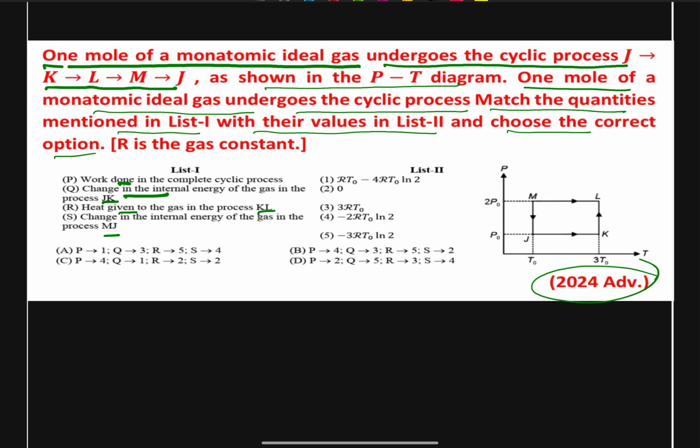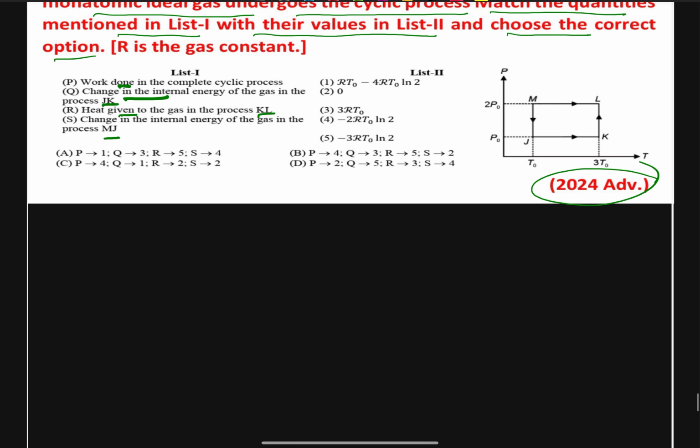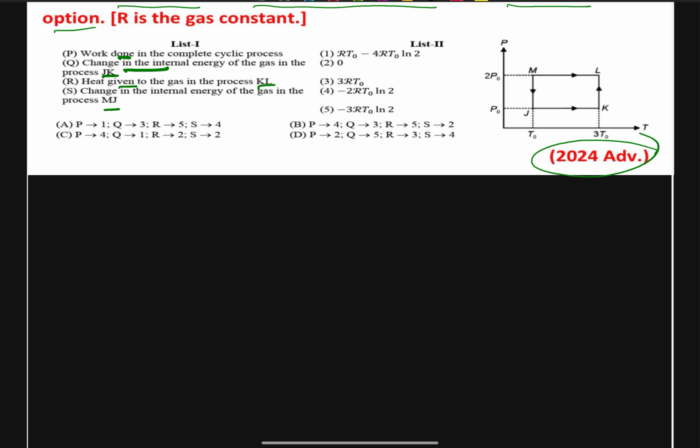So let's write the coordinates, or respective pressure and temperature, for each point. We start with J. J is P naught, T naught.